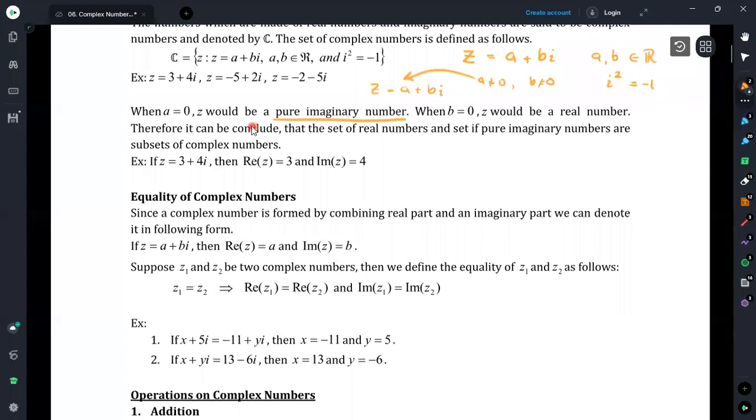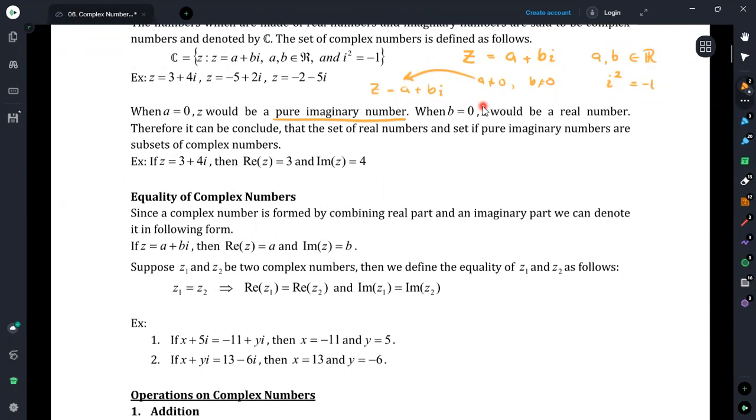But the cases A equals 0 and B equals 0 can again be considered as subsets of complex numbers. Therefore, if you consider the complex numbers, the real numbers and pure imaginary numbers would be subsets.